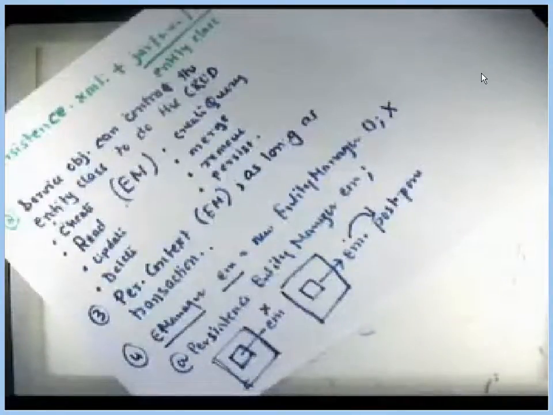Now here we will see how the entire operation works. In fact, we have support in the persistence API. We also have support for implementing transactions, committing a transaction, rolling back a transaction, all of that.